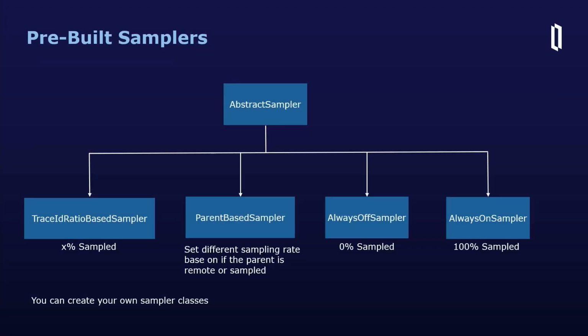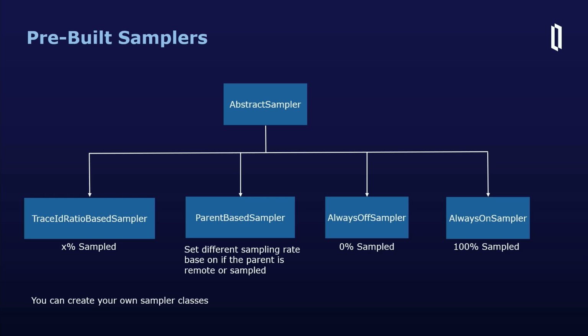We provide some pre-built samplers for you. The first one is the trace ID ratio-based sampler. It's an easy sampler. You can specify a percentage of spans to be sampled. And the next sampler is the parent-based sampler.